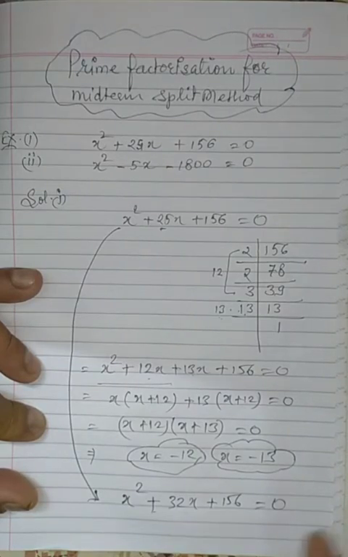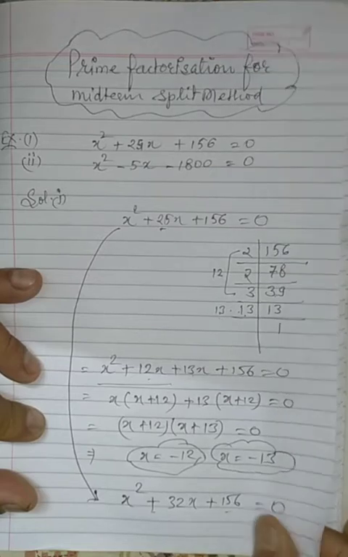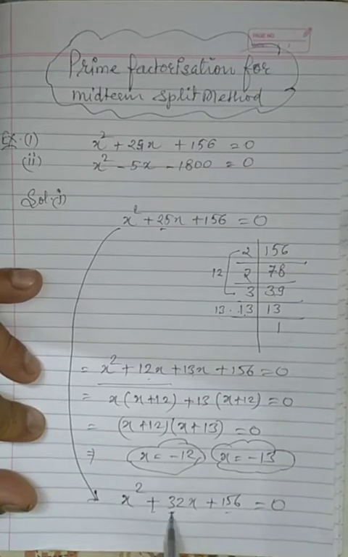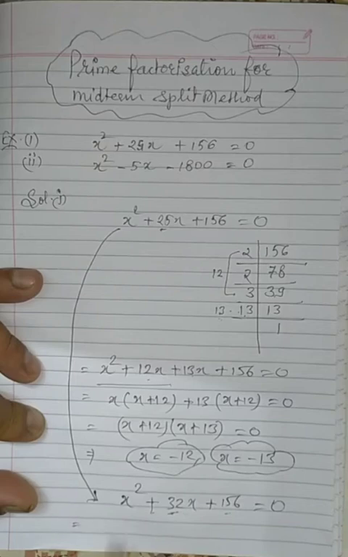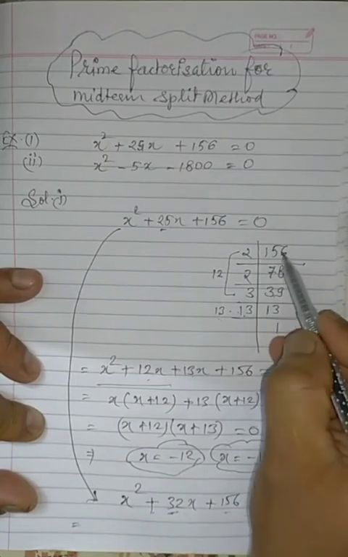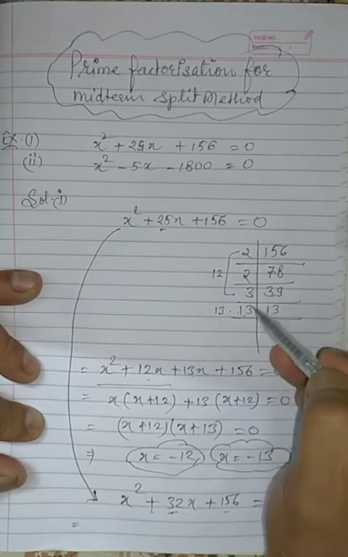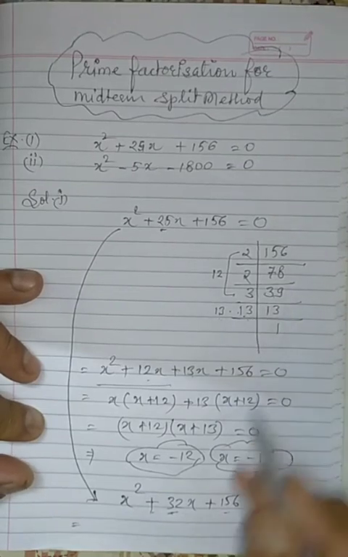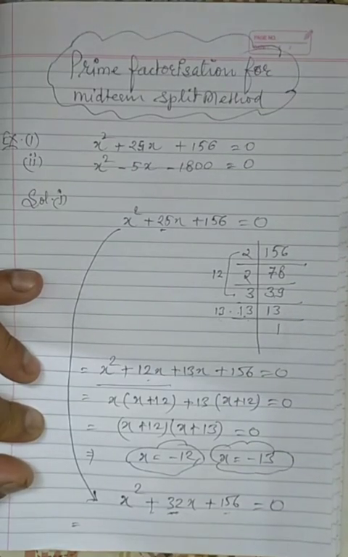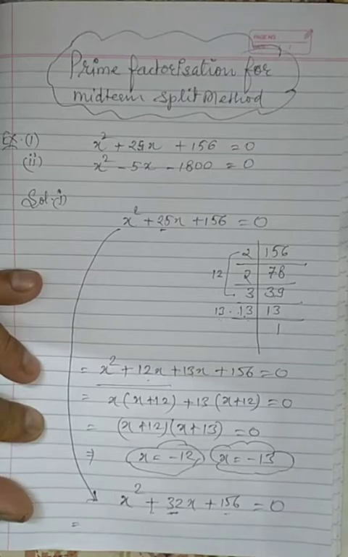Let's see once again. The last number is 156 and the middle number this time is 32. When you prime factorize, the same numbers will come, 2, 2, 3 and 13. But this time the middle number has changed, it is 32.